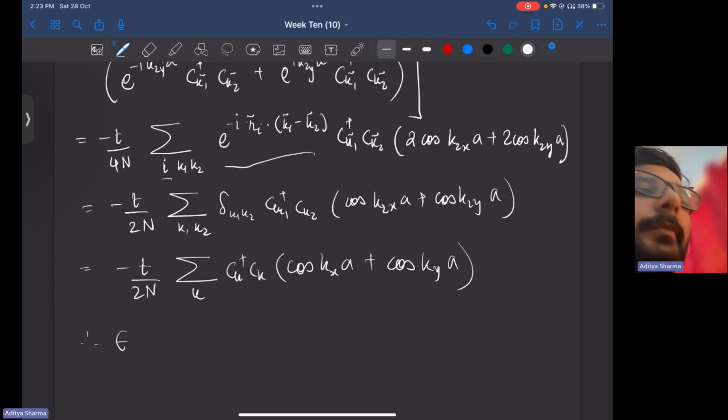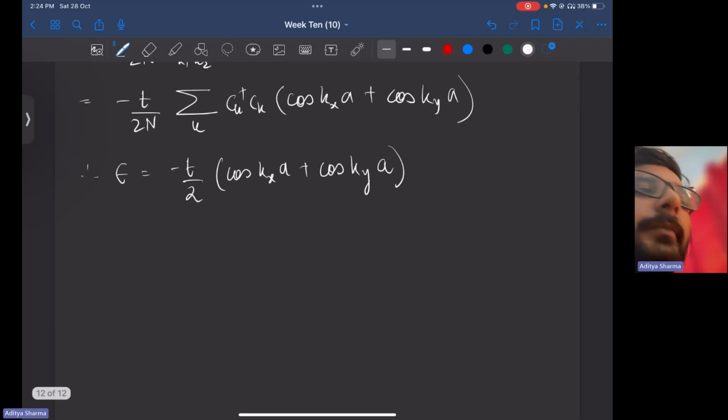Therefore, E is equal to minus 2t (cos kx a plus cos ky a). That is it. This is in 2 dimensions.